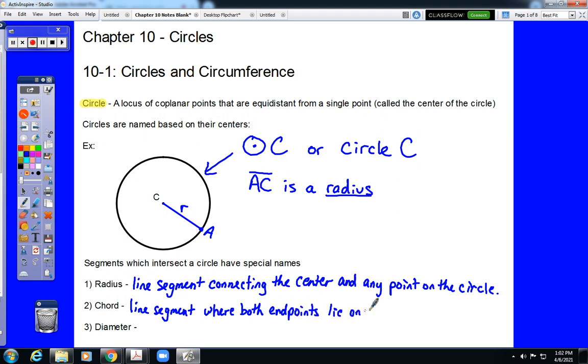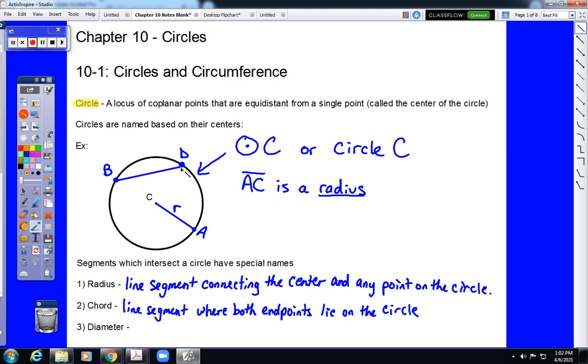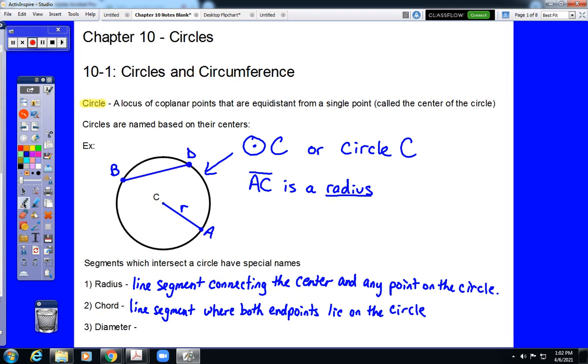So we just pick 2 points on the circle. Doesn't matter what 2 points. Let's say we use these two right here. We're going to call them B and D. If we connect those 2 points, B and D, with a line segment, that line segment, BD, is a chord.